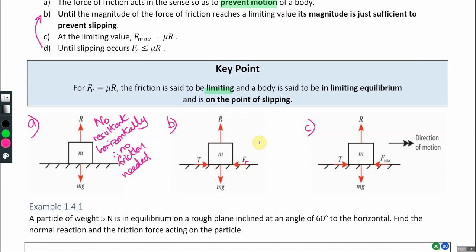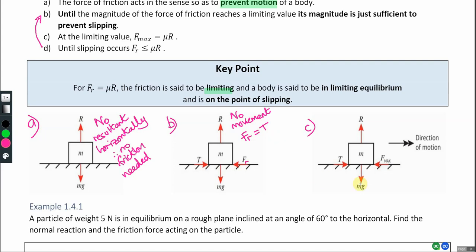Now the purpose of this diagram in B is to say if there's no movement, then the frictional force will equal the pushing force, whatever T happens to be. So if there's no movement, then the friction can match the pushing force that's trying to make it move.